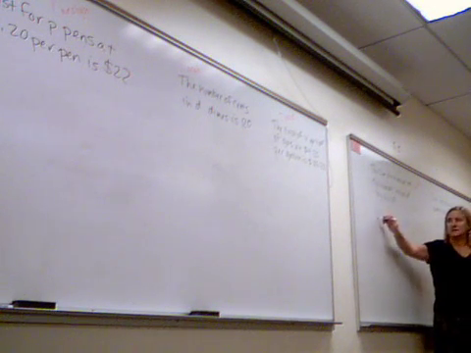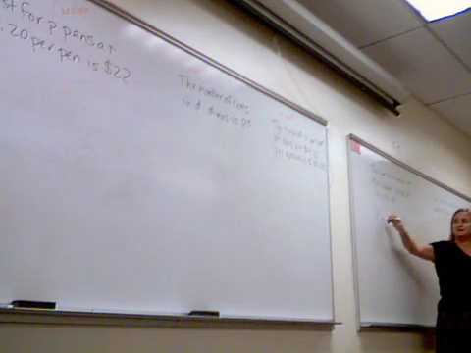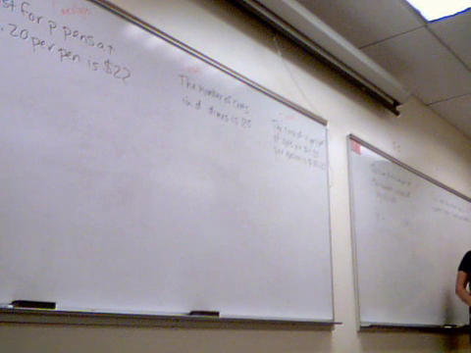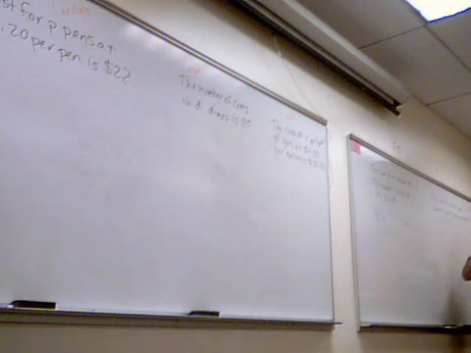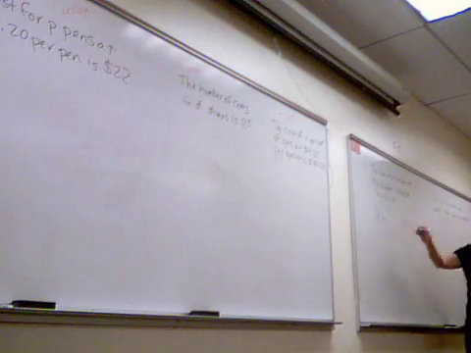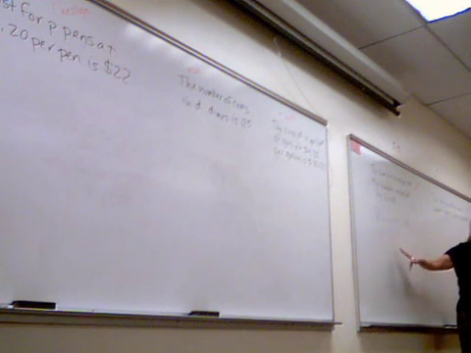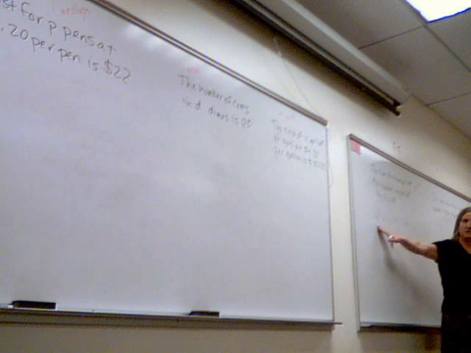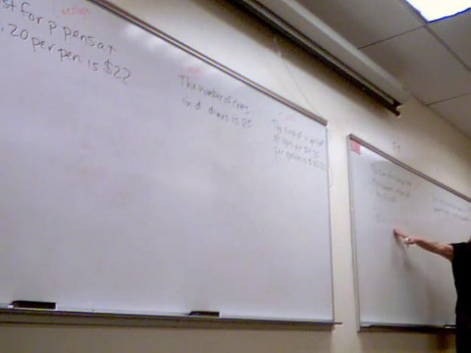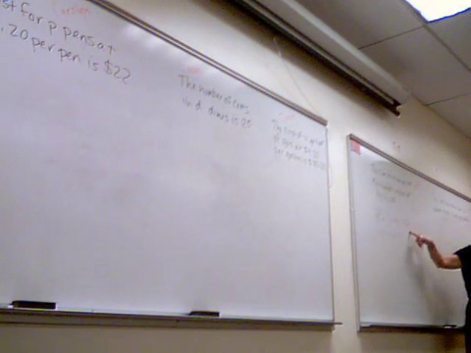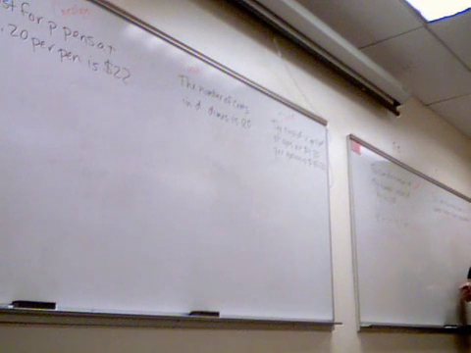That's just x. The sum of a number, and sum means to add, okay? The sum of a number and the number increased by 4. Good. You don't have to have it in parentheses, but this helps you see it. So it's the sum of a number, and that number increased by 4 is 60. Okay. Any questions on that one?